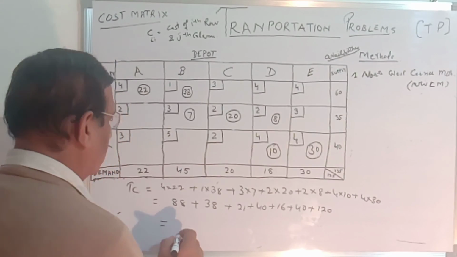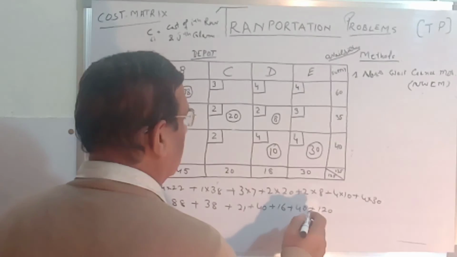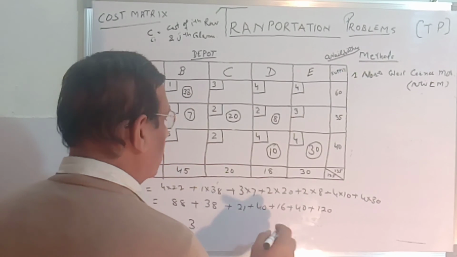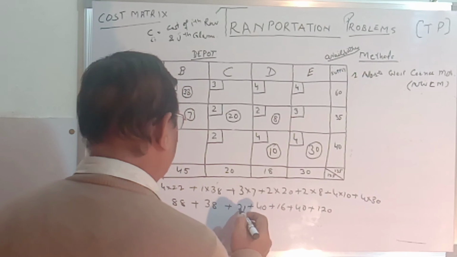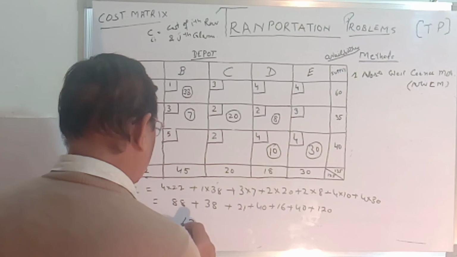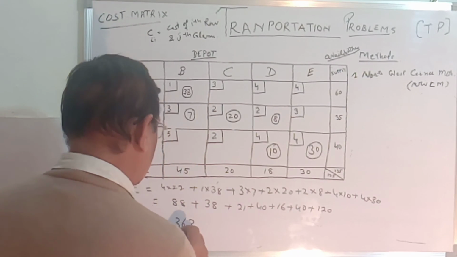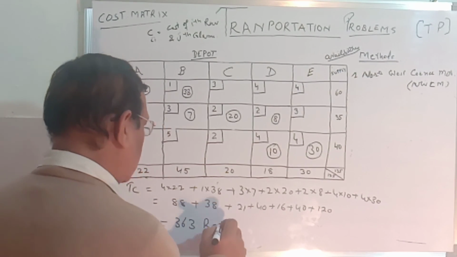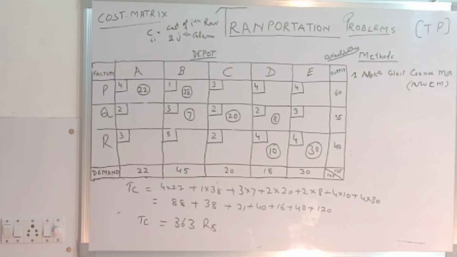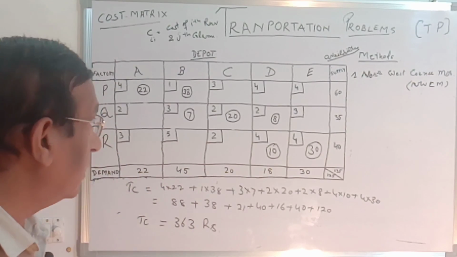So total cost is 363 rupees, if we follow this method.